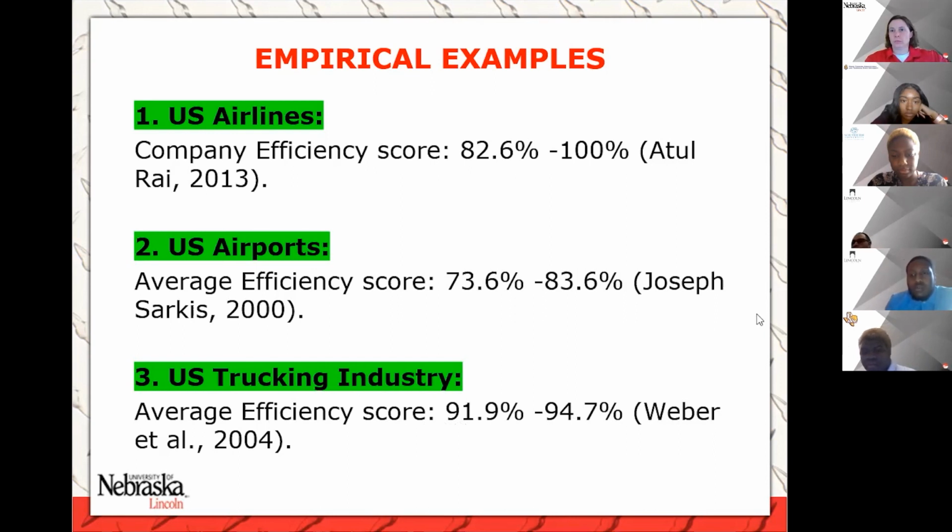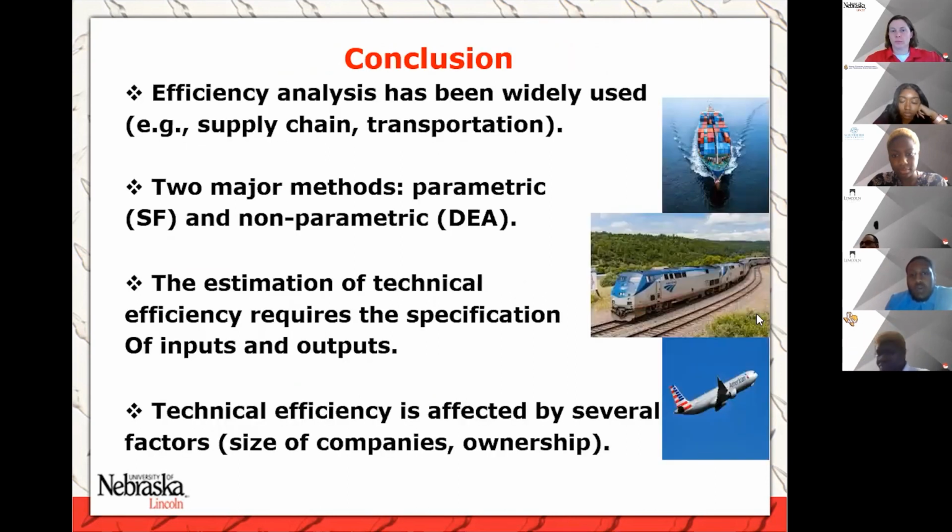Conclusion. The main conclusion from efficiency analysis is that it has been widely used, as you remember from our first slide, in supply chain, transportation systems, and farm management. And then there are two major methods: the parametric method or stochastic frontier method, and the non-parametric method or data envelopment analysis.